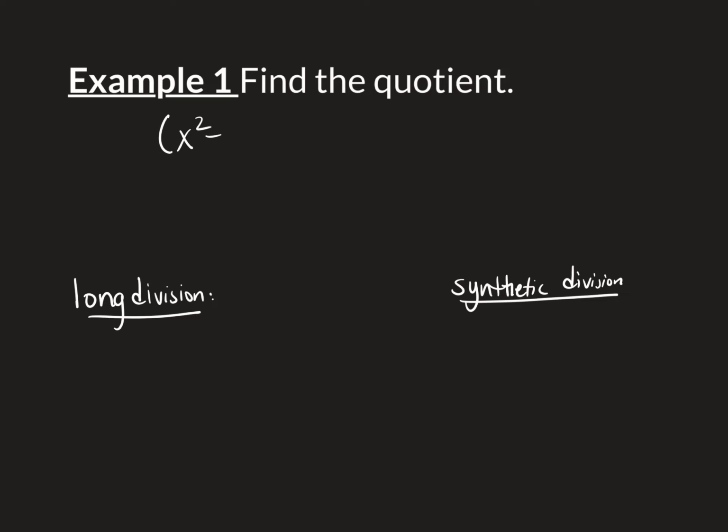That is my dividend, divided by x plus 4. That is my divisor. Okay, I am going to set this up so your divisor goes on the outside, and then your dividend goes on the inside.